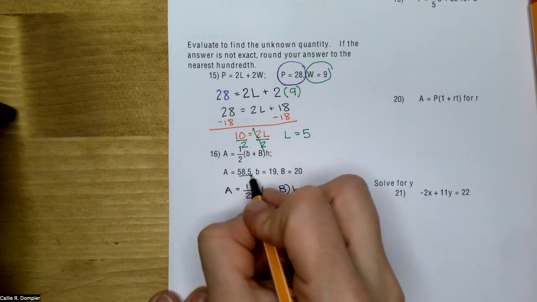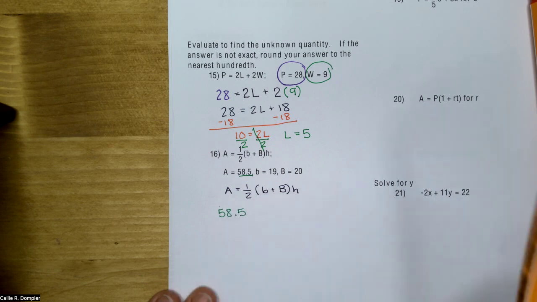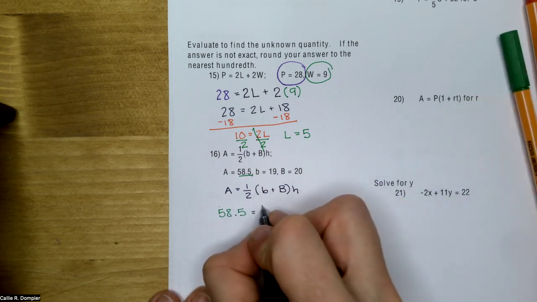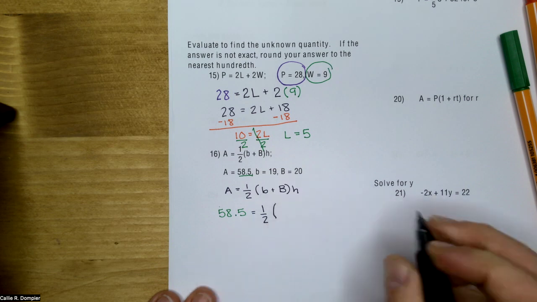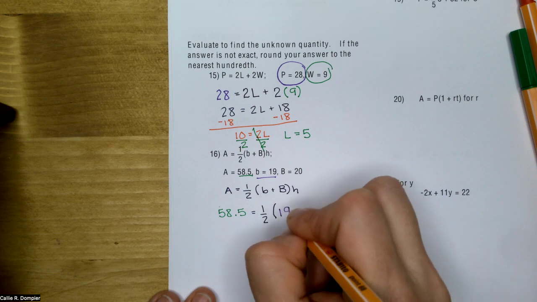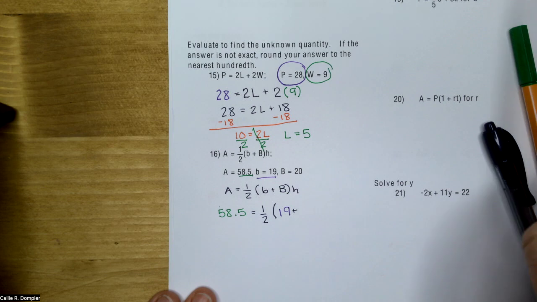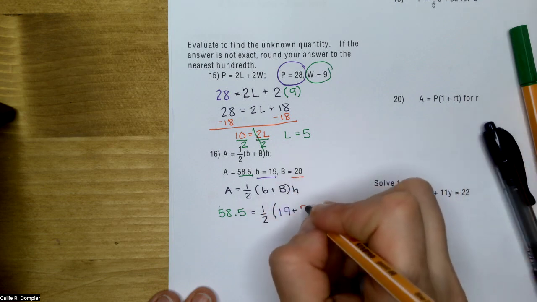Substitute in 58.5 equals 1/2. B is 19, plus that other B is 20.